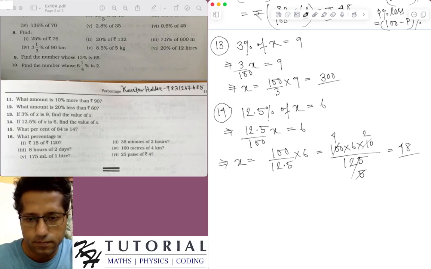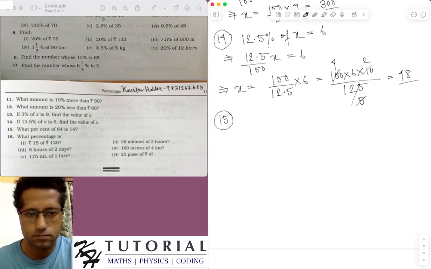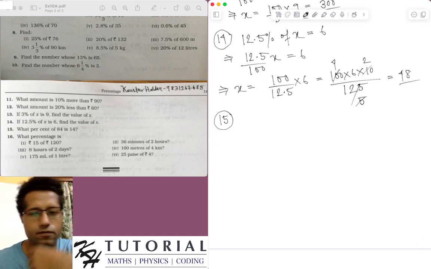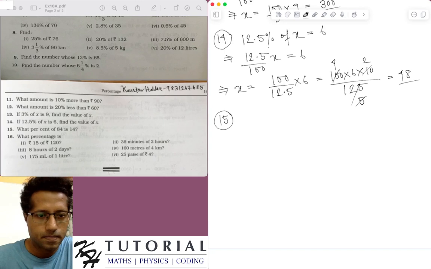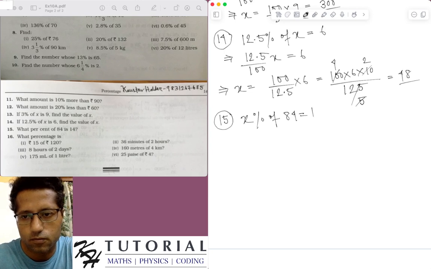Question number 15. What percent of 84 is 14? Let's say x percent of 84 is 14.